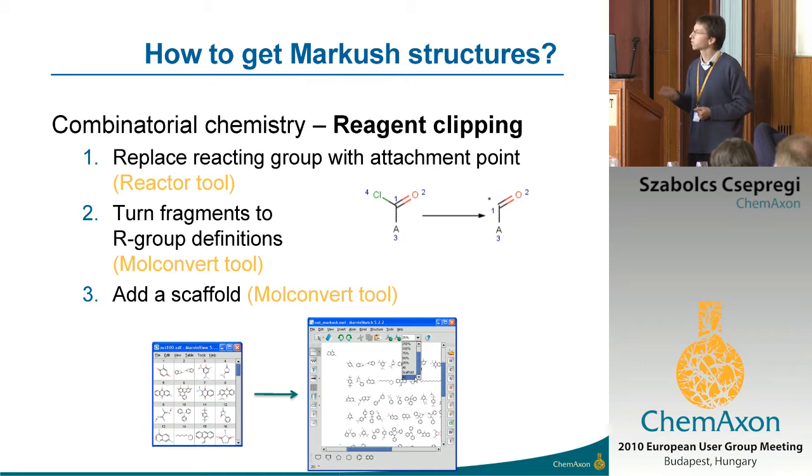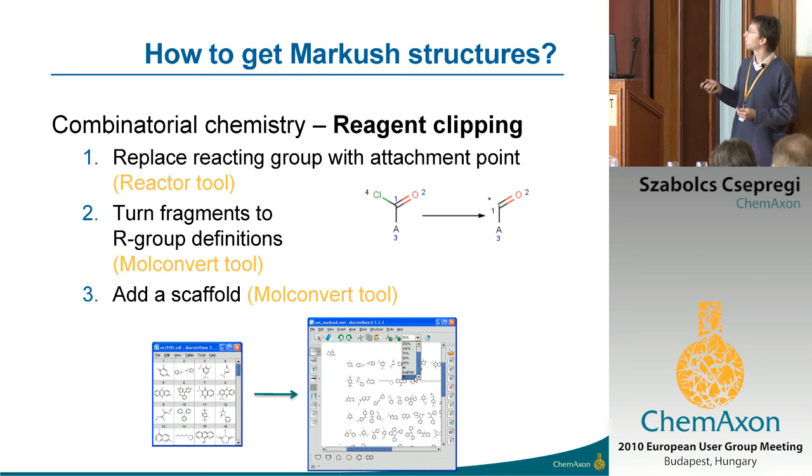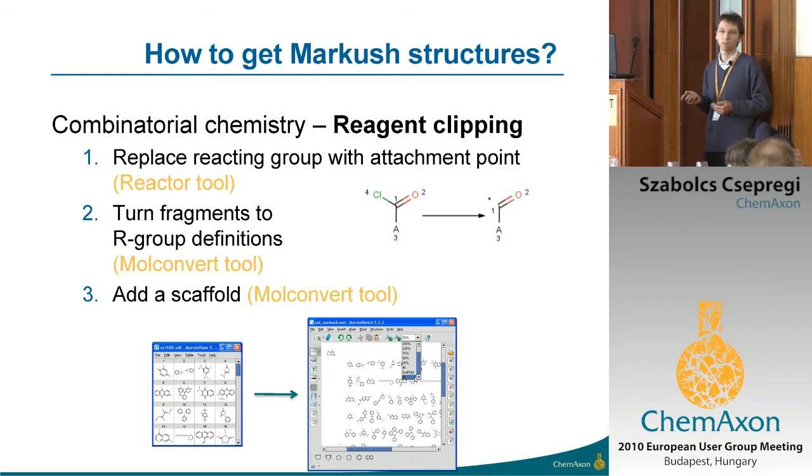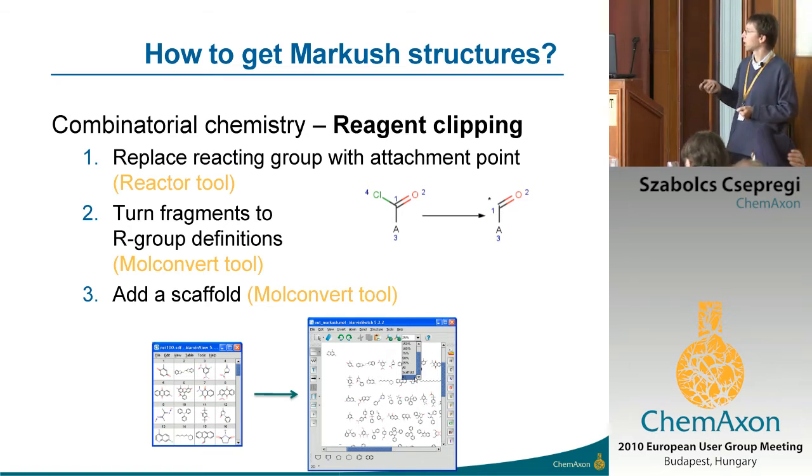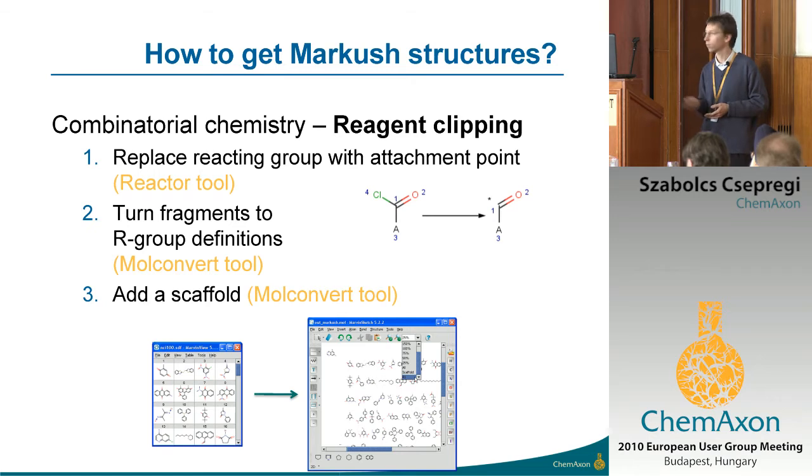In that case, the reactor tool can be used to remove the reacting groups from these reagents and put an attachment point there, which is needed for the description of Markush structures. And then the mole convert tool can be used to convert these reagents with the attachment points specified into R group definitions. And then at the end, we add the scaffold, and we've got the full Markush structure.